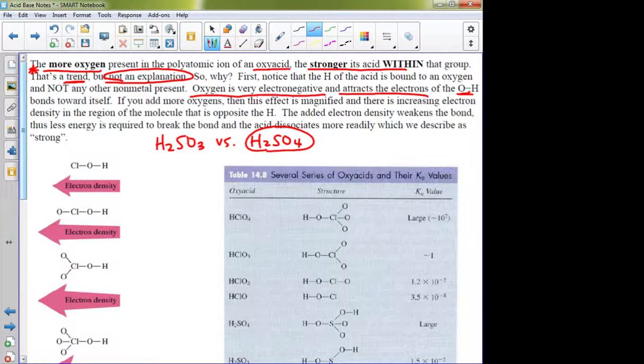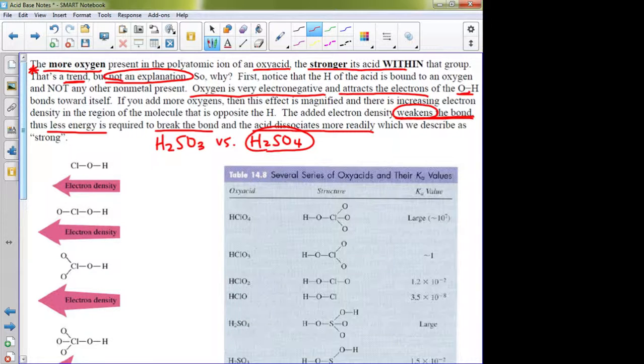The less electrons hydrogen has. So that makes the bond between the oxygens and the hydrogens very what? Weak. What do we know happens when we have weak bonds? It breaks apart easier. So it takes less energy to break the bond, so the acid dissociates more easily.